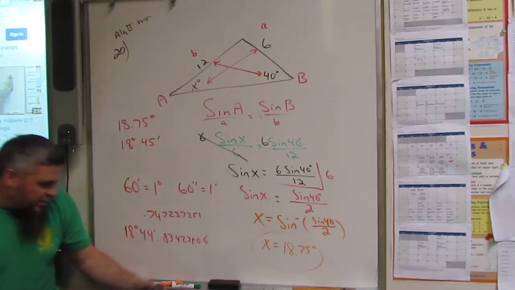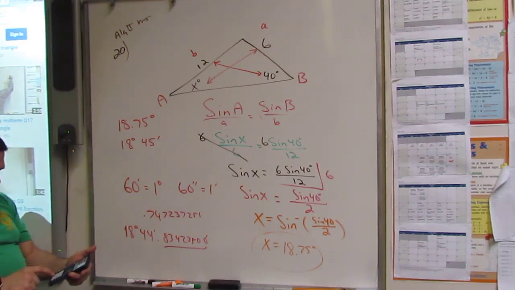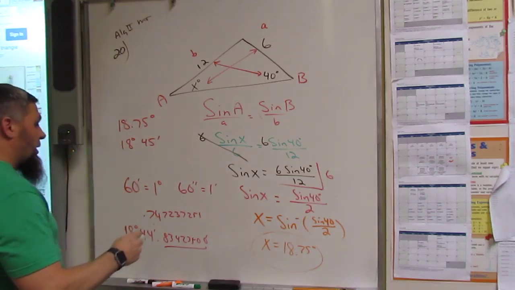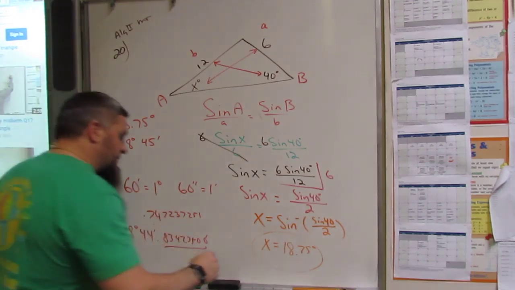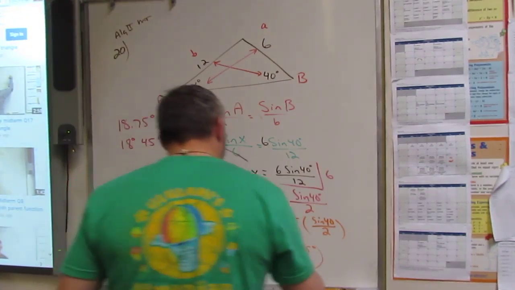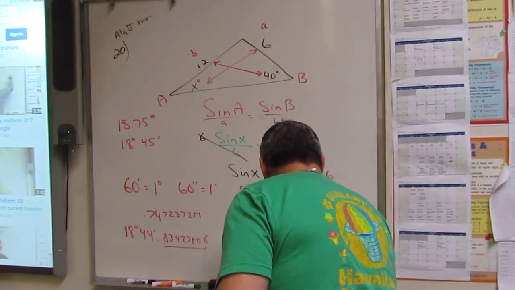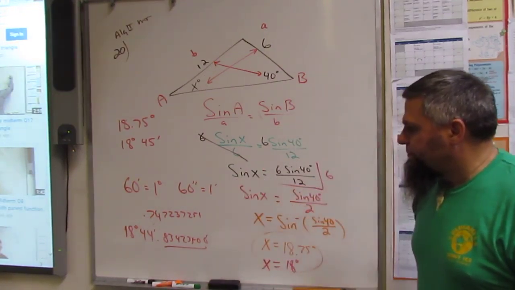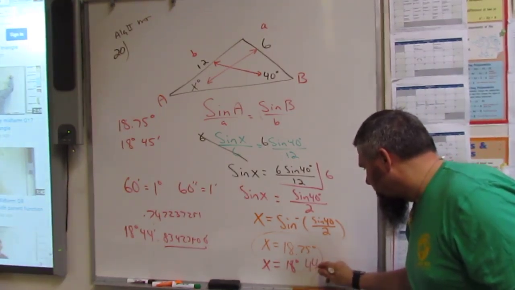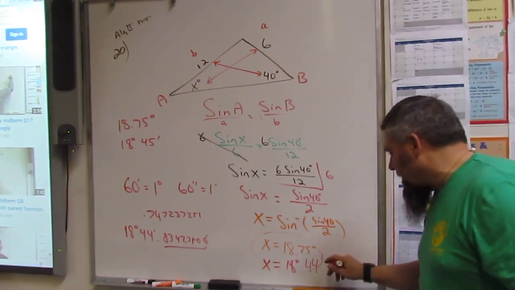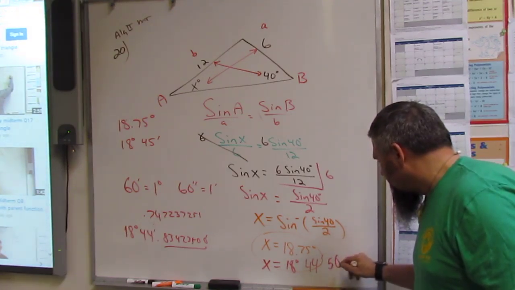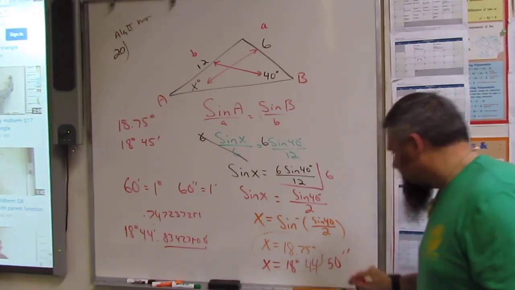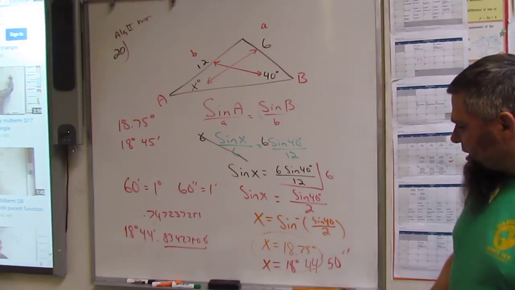So I'm going to multiply this piece just right here by 60, and I get 50.0. So what the actual answer is x is equal to 18 degrees, 44 minutes and 50 seconds. Okay? And that's your extra credit.